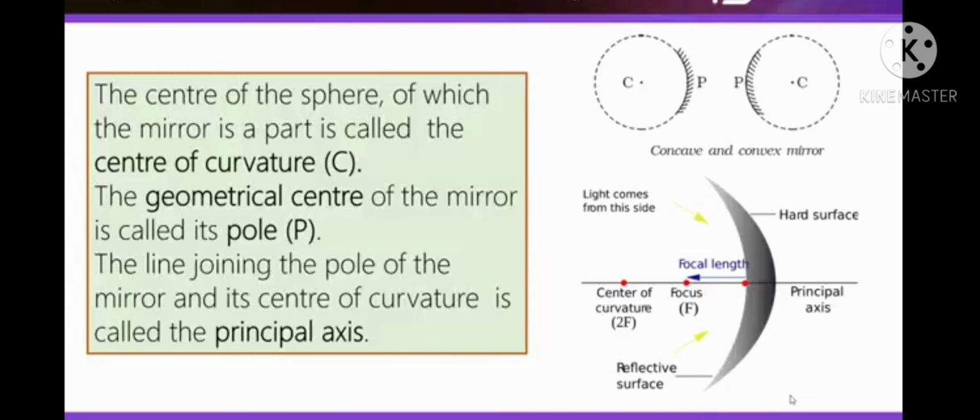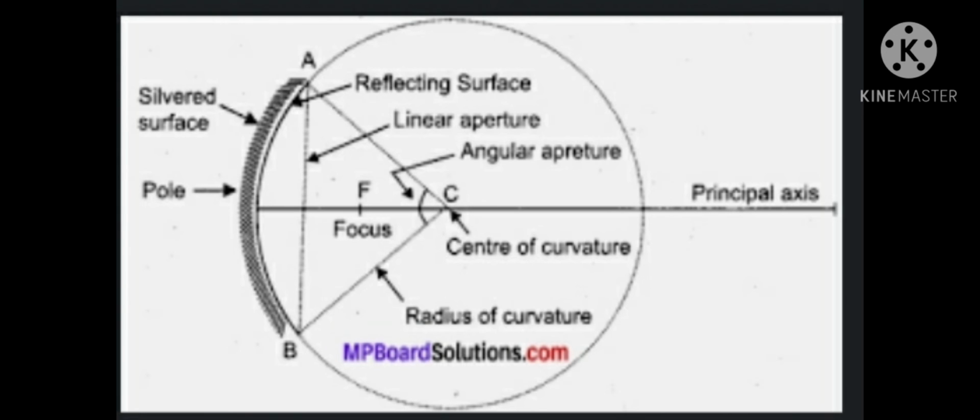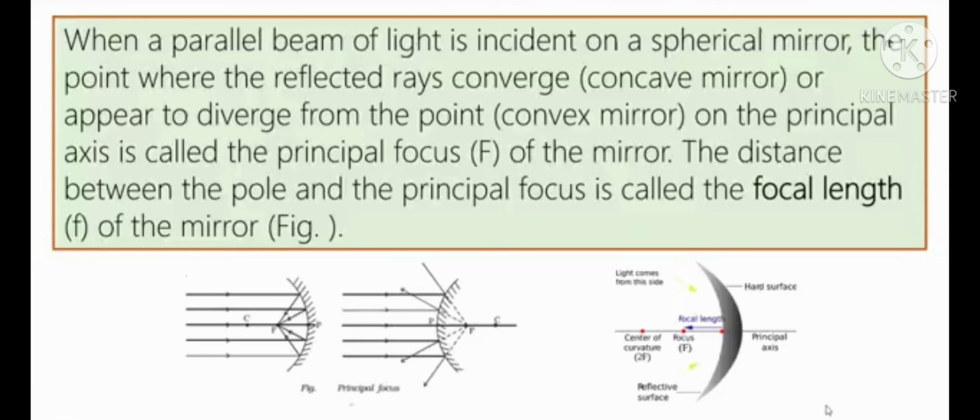The next word is principal axis. Axis means line. A line which passes through the pole and is perpendicular to the curved surface is known as principal axis. If you draw a normal through the pole, it is called the principal axis. The next terminology is focus or principal focus. It is represented by the letter F. When a parallel beam of light is incident on the curved mirror, the rays get reflected and meet at a point on the principal axis.